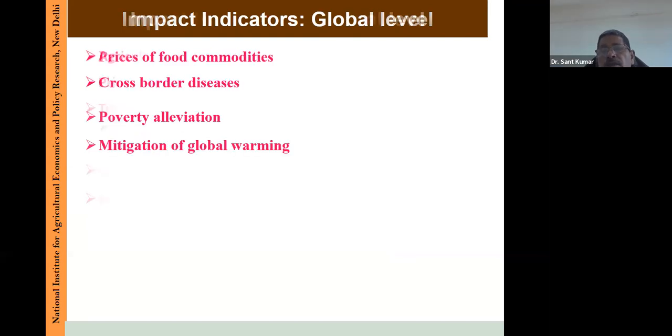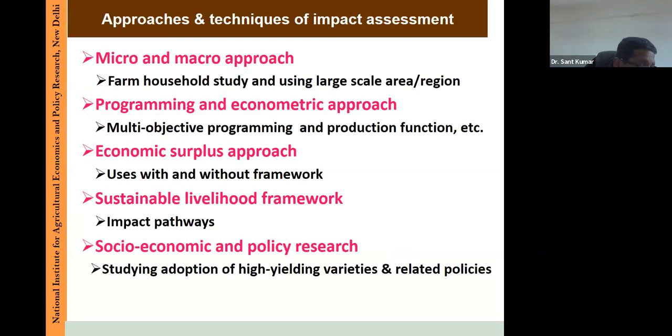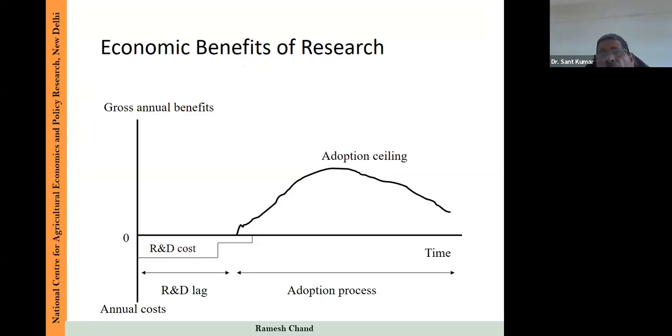Then at the global level, what has been the prices, what has been the cross-border diseases, what has been the poverty relation, and the global warming. So approaches, what do we follow: macro approach, the programming approach, economic surplus approach, sustainable livelihood framework, socioeconomic and policy research framework. Different frameworks we use for the impact assessment.